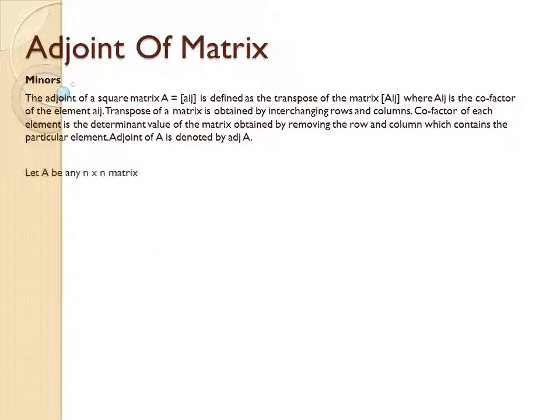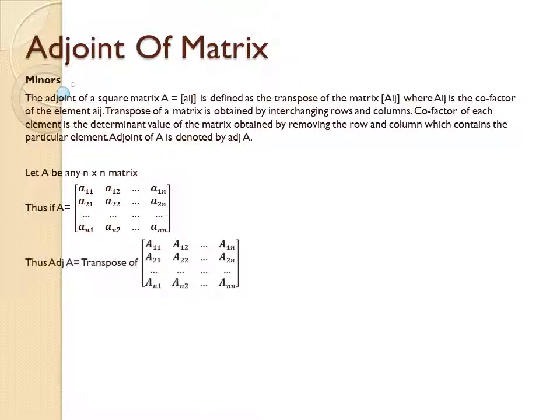We will see what they are trying to say. Let A be any n cross n matrix. We write n cross n because we are taking this as a square matrix. Thus, if A equals A11, A12, like a common matrix expression, then the adjugate of A means the transpose of the cofactor matrix.